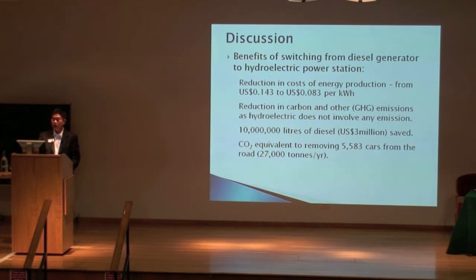There will be a reduction in carbon and other greenhouse gas emissions, and a potential saving of 10 million liters of diesel per year. The CO2 emission savings that could be achieved is around 27,000 tons per year. This is equivalent to removing 5,583 cars from the road.